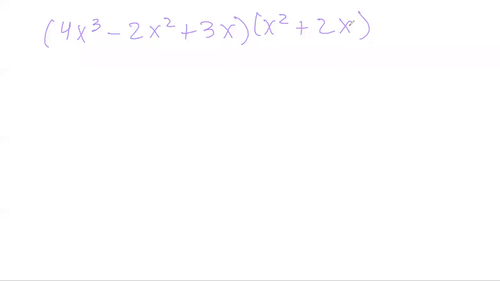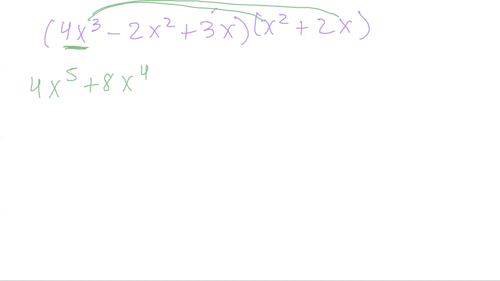Again, I'm going to color code just to make this a little bit easier. So 4x cubed, I'm going to multiply to the x squared, so I have 4x to the 5th, and 4x cubed times 2x, so I get plus 8x to the 4th.